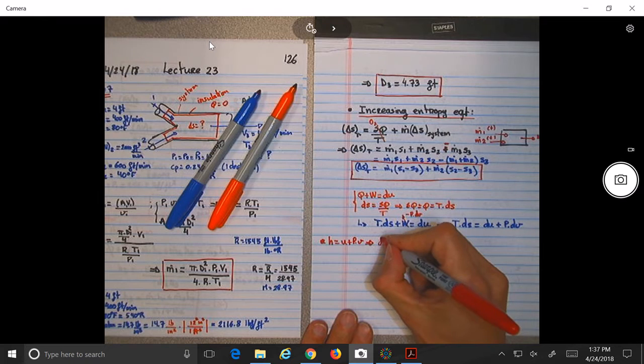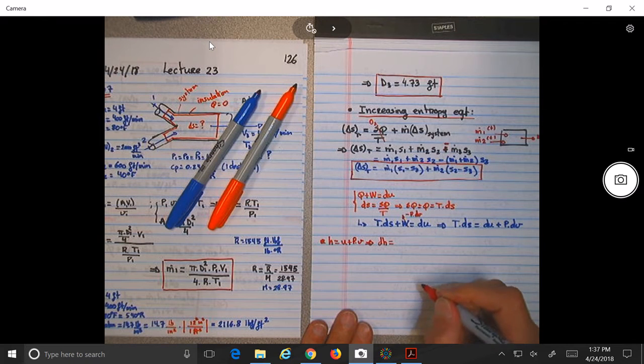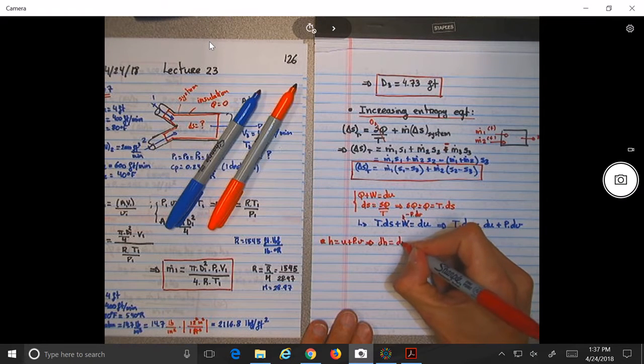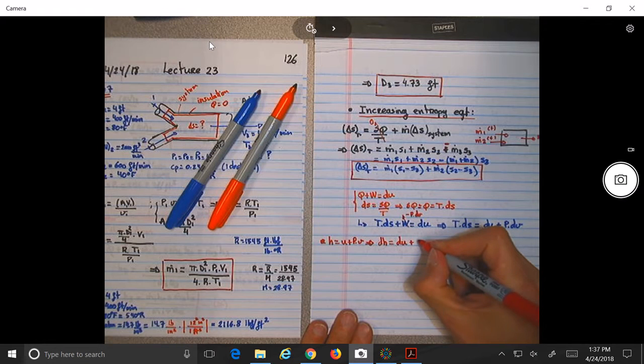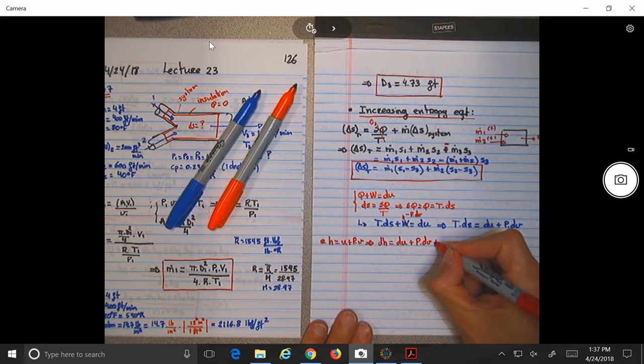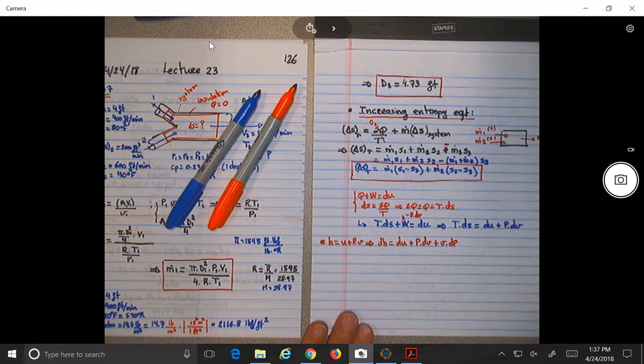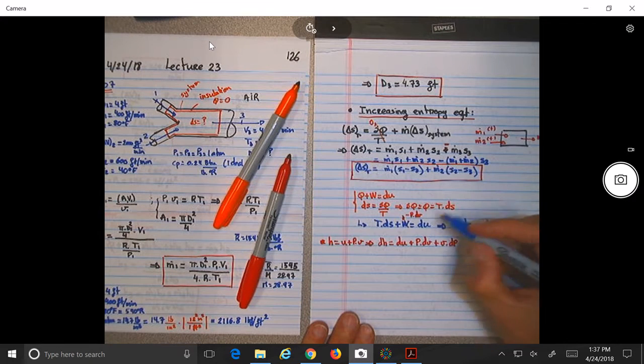If we take the derivative of H, that will be dU plus PdV plus VdP. Now we substitute this one over here.